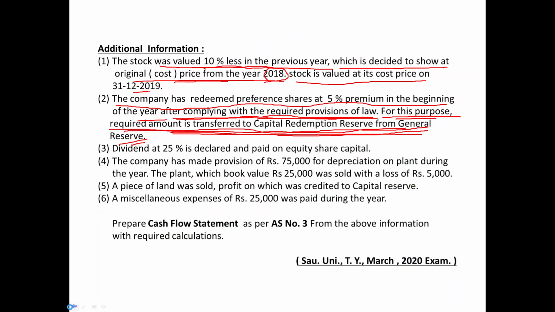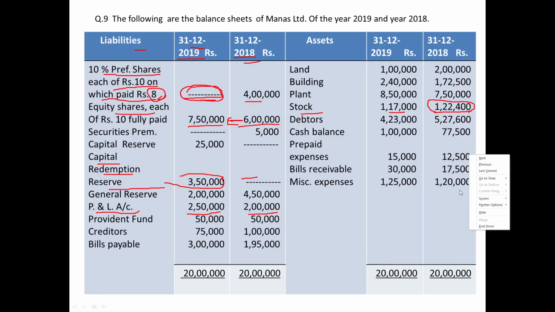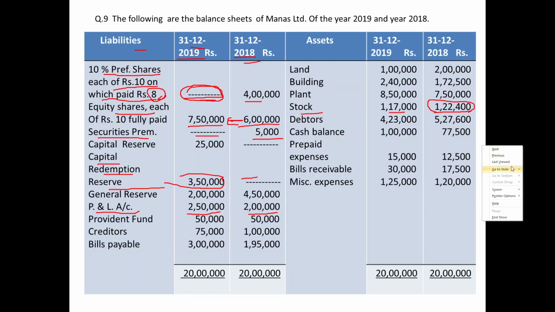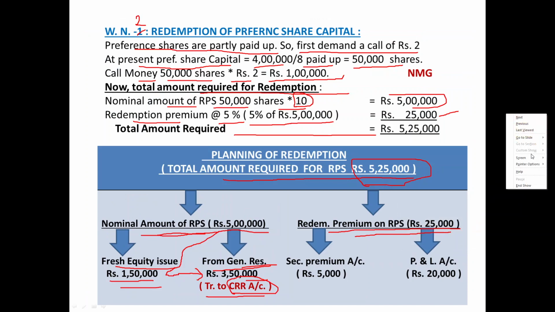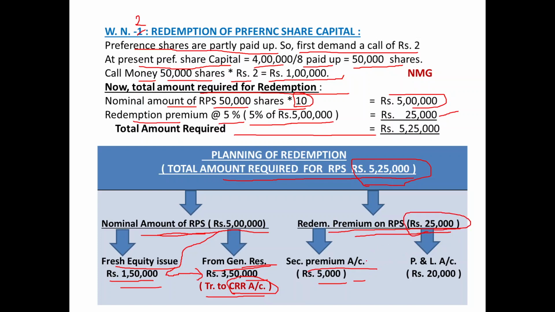On the liability side, it is there as the third item. Security premium, opening balance 5,000, closing balance nil. So let us utilize this 5,000 first for our requirement of redemption premium on RPS. So security premium account 5,000. Still we need the remaining 20,000, because our requirement is 25,000 and only 5,000 was available in the security premium account.